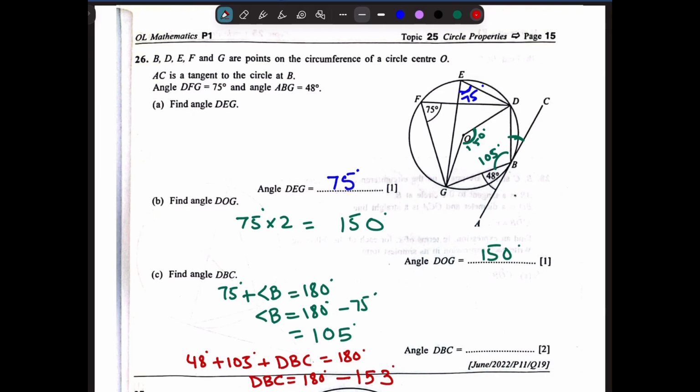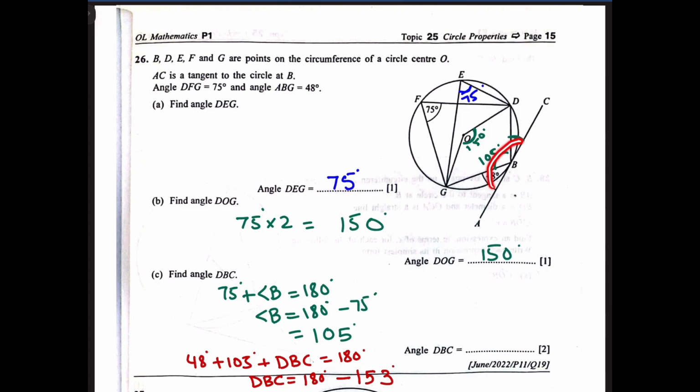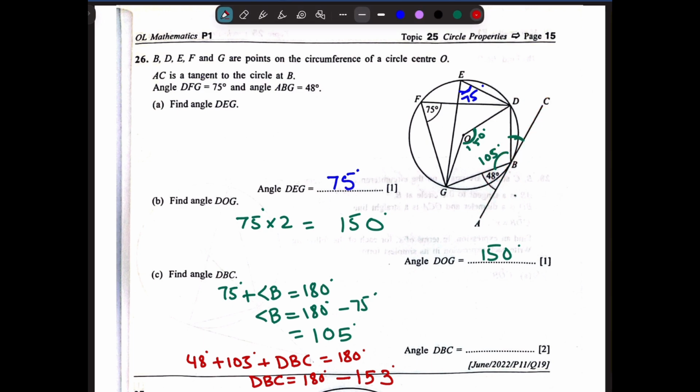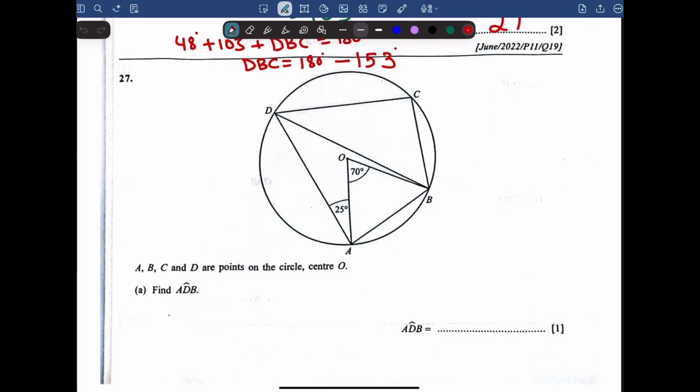So basically 48 plus 105 plus DBC should be equal to 180, right? Angles on a straight line add up to 180. So we have DBC as 27 degrees.